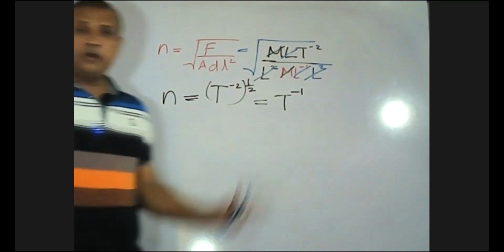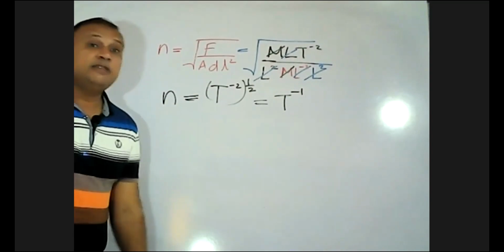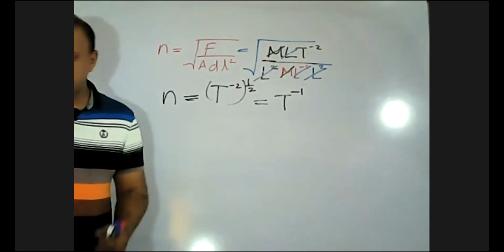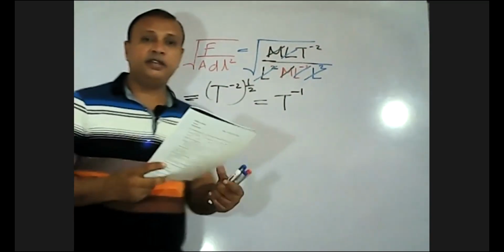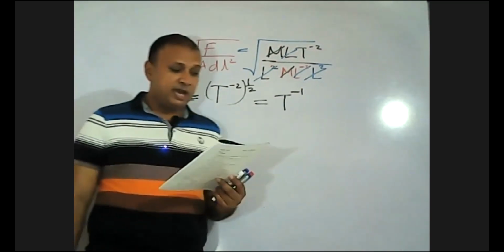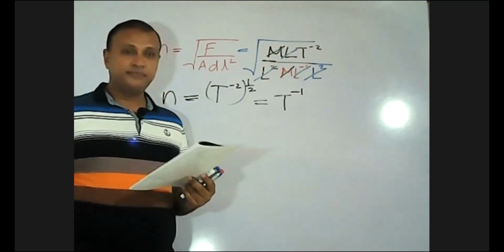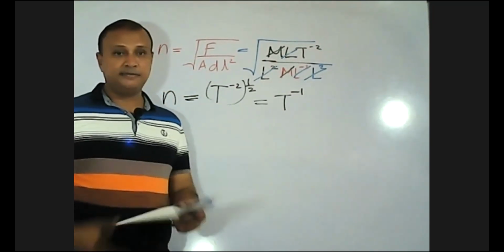The dimension of N is T minus 1. Then what is the correct physical quantity? Yes, the fourth one. Number of times per second.